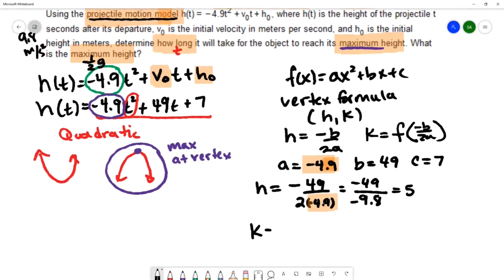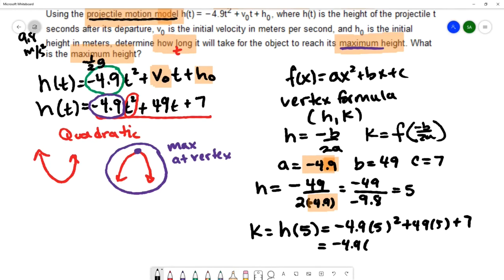Then we're going to find the y-coordinate of the vertex. We're going to substitute 5 into our function. h of 5 is negative 4.9 times 5 squared plus 49 times 5 plus 7. So we'll work this out in the calculator. 5 squared is 25. 49 times 5 is 245. This is a plus.